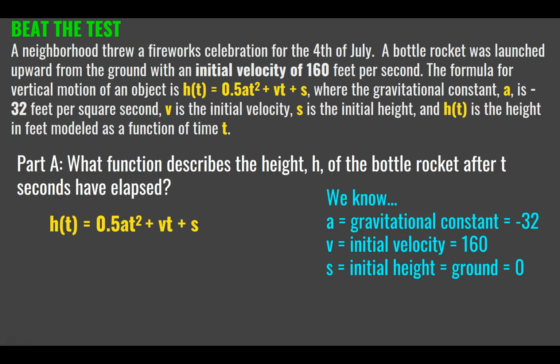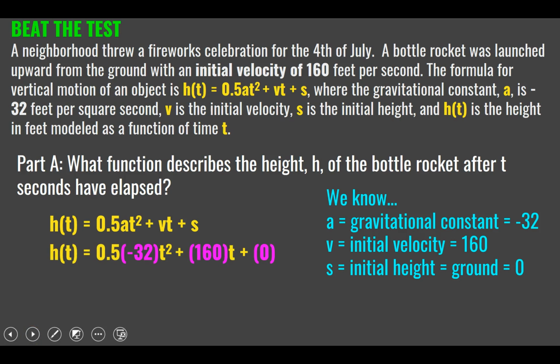So what letters are left after I plug in a, v, and s? t is going to stay there, and my h on the outside is going to stay there. So we have 0.5 times a, which is negative 32, t squared, plus vt, v is now 160, and then plus 0.